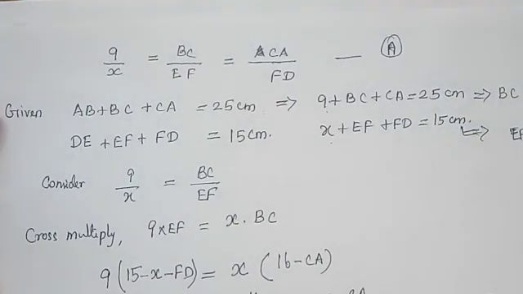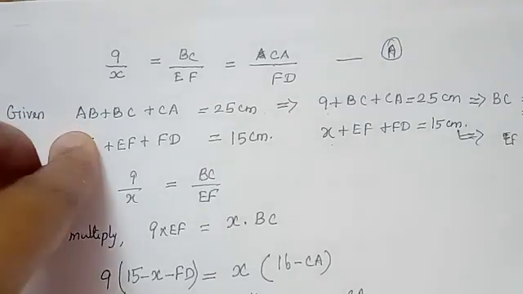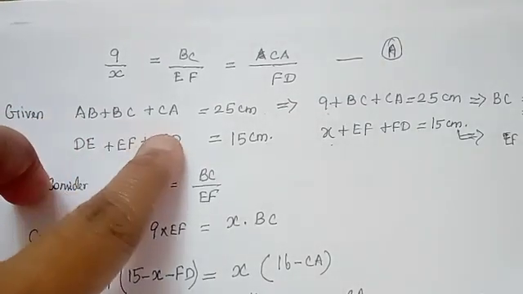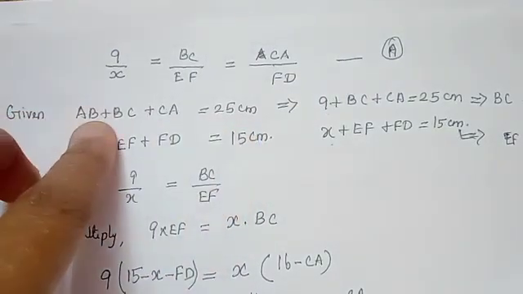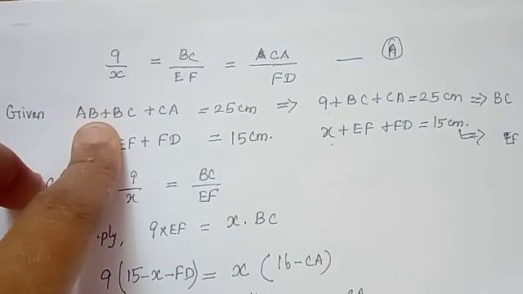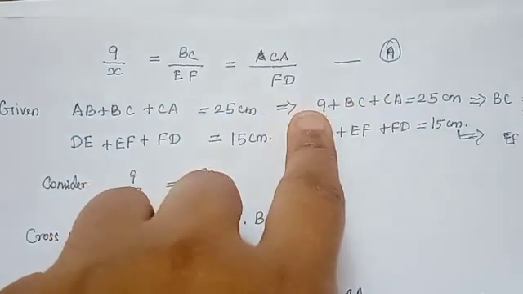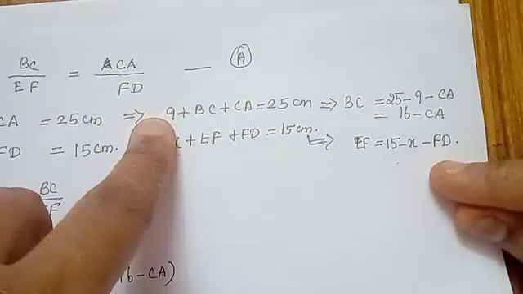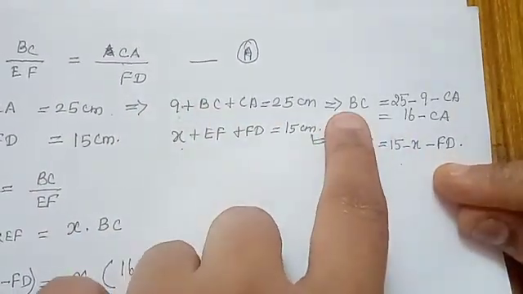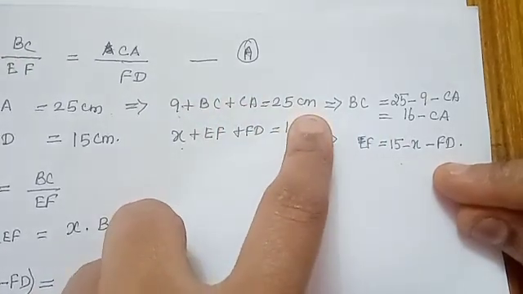But we know the perimeter of the first triangle ABC is AB plus BC plus CA is equal to 25 centimeter. AB is nothing but 9 centimeter, so you substitute 9 here, and then you take 9 and CA to the other side of the equation.